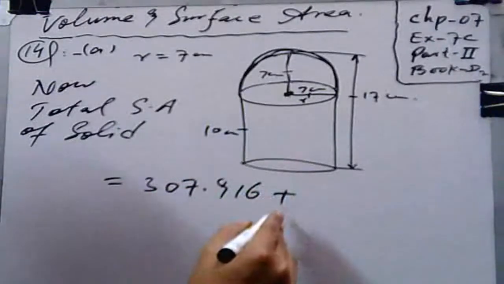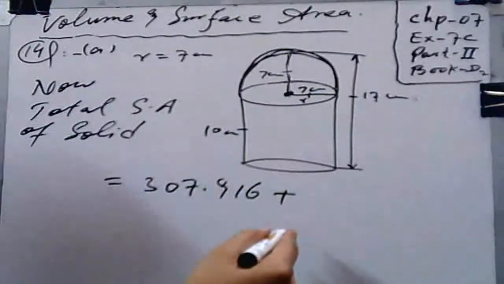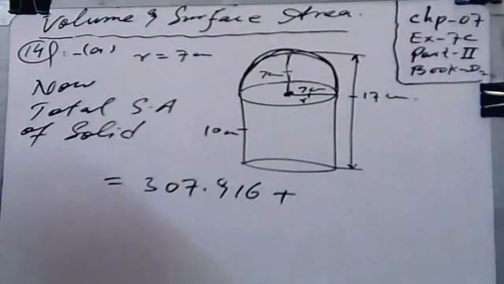Okay, once again that is equal to 154 plus 439.88, so you will get 593.88.